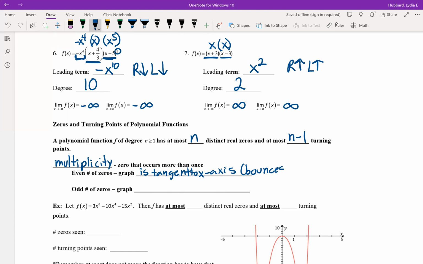It bounces. So that looks something like, yes, it would bounce. That's an example of a multiplicity. Or if it's an odd multiplicity, then the graph crosses the x-axis.